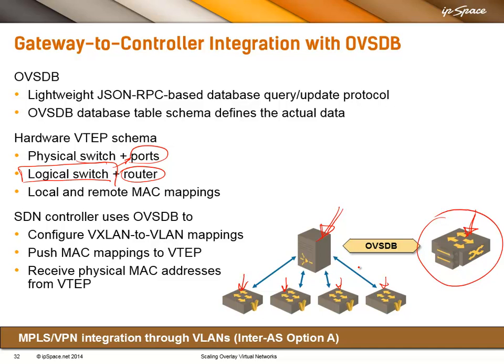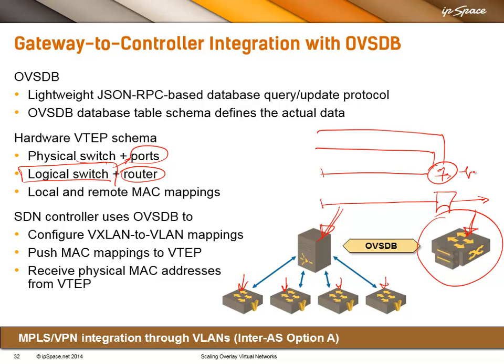Which means that with OVSDB, you can create subnets that are bridged to the outside world, or you can create logical switches that are routed to other logical switches and to the outside world. So you can establish Layer 2 or Layer 3 connectivity with OVSDB. Obviously, if you want to integrate this with MPLS VPN, you have to integrate it through external VLANs. So it's like inter-AS option A.